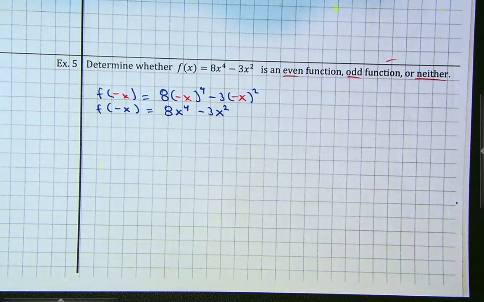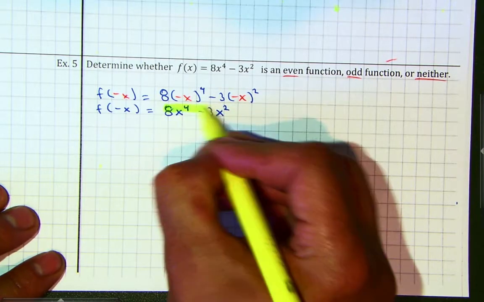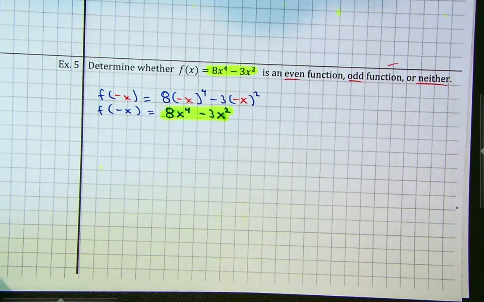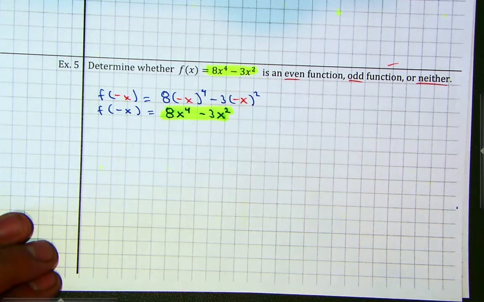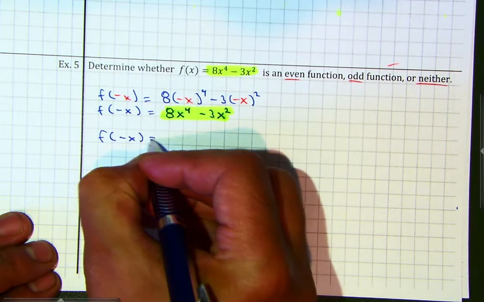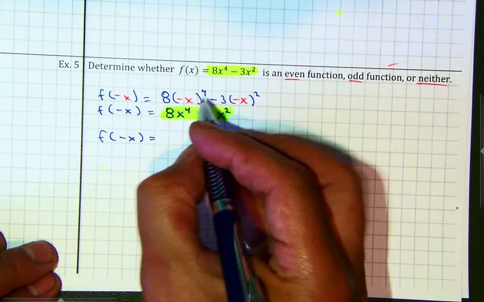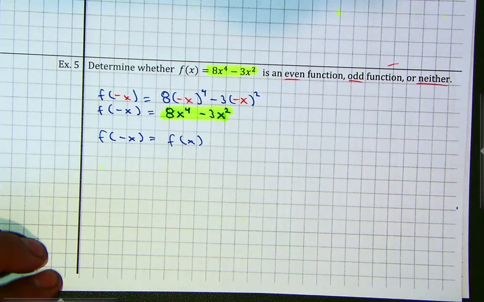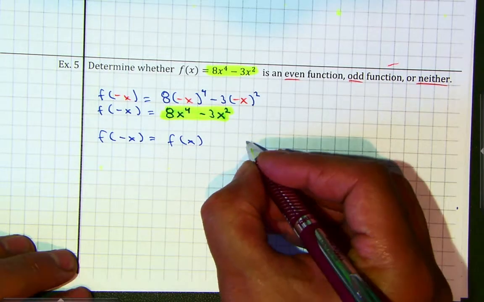And then I need to check, is this the same as my original function? And it is. So I just need to go to the extra step. So f of negative x is equivalent to my original function, f of x. So therefore the function is even.